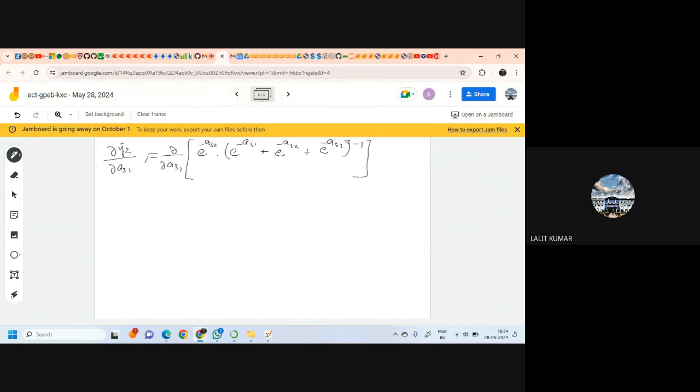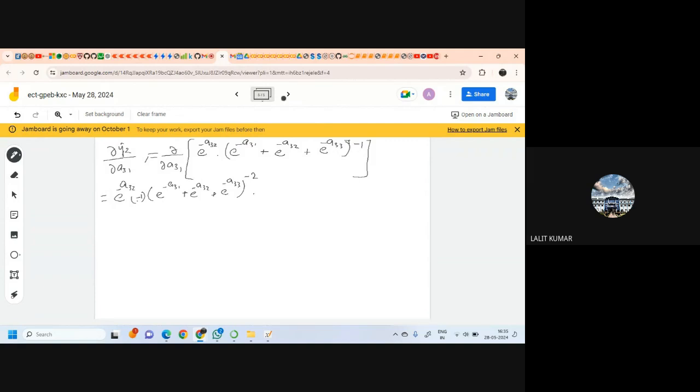Is this clear? Yeah. Okay. So using the same formula, it will become e to the power minus a32, and here minus 1 will come, e to the power minus a31 plus e to the power minus a32 plus e to the power minus a33. Here it will become minus 2.